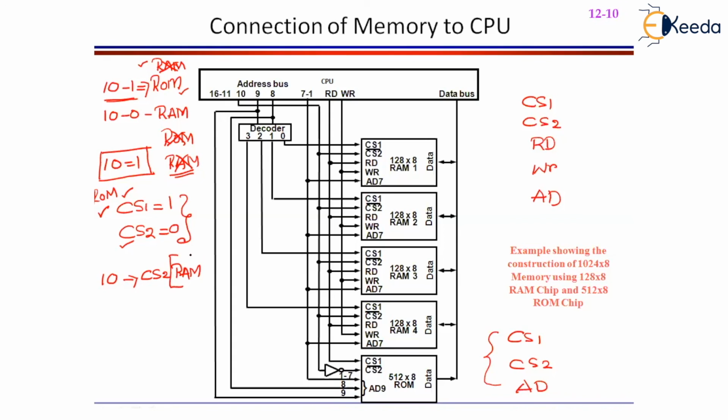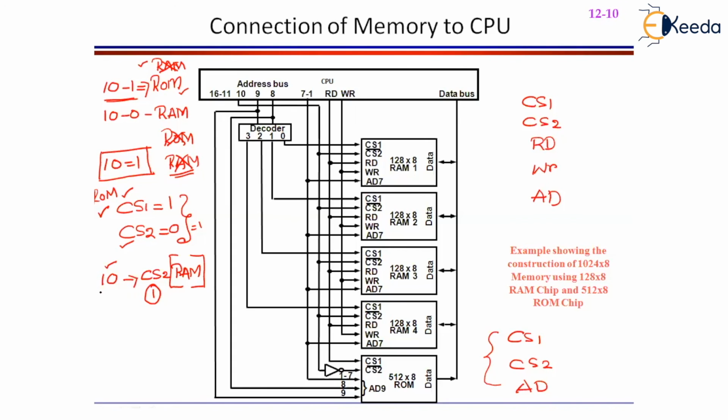Which means that whenever the 10th digit is equal to 1, CS2 will be equal to 1 for RAM, which means that the rule for the selection is invalid, right? Straight away, the RAMs will get disabled, because CS2 equal to 1 means the corresponding chip will get disabled.